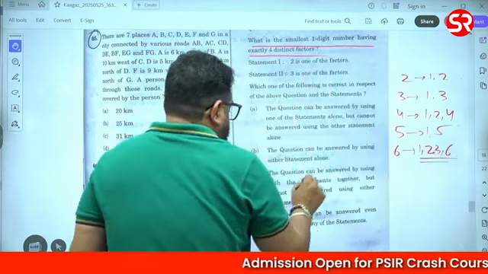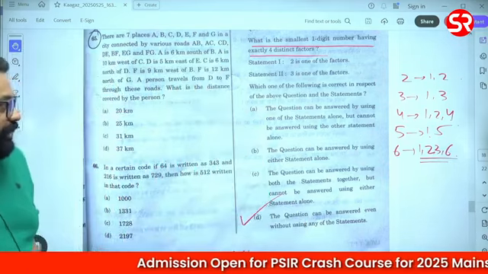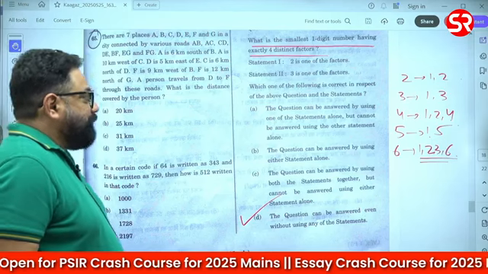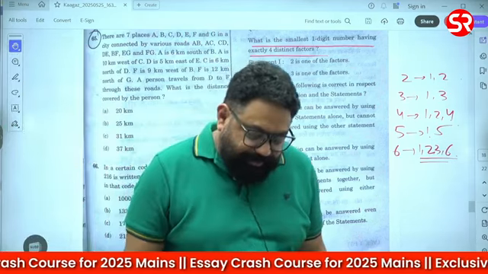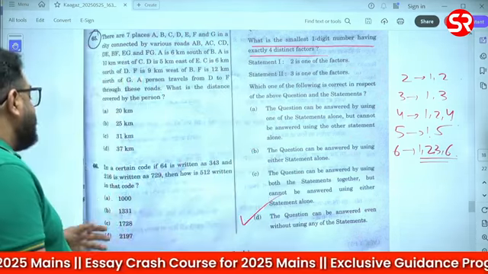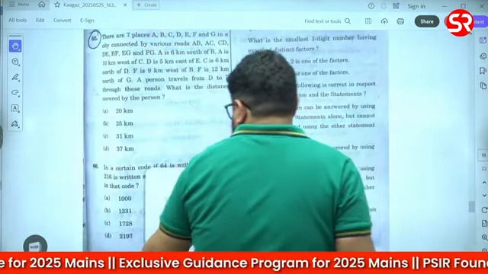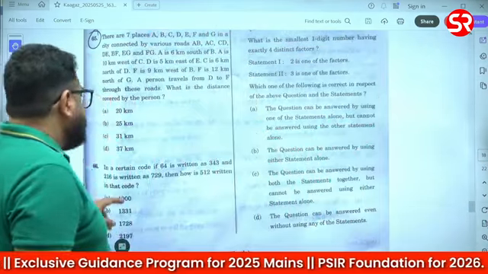So the question can be answered without using the statements. Smallest single-digit number 6 है यार, 4 factors होते हैं, बात खत्म. You don't require these statements. Statements की जरूरत ही नहीं, right? चलिए नेक्स्ट देखें.